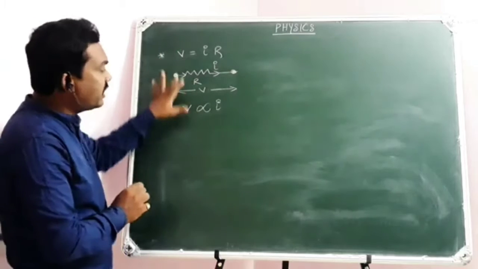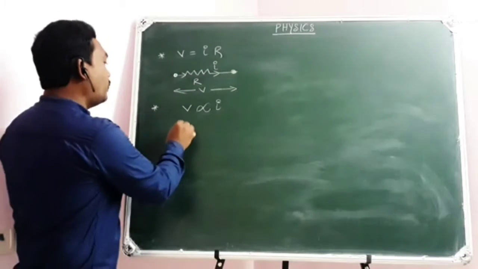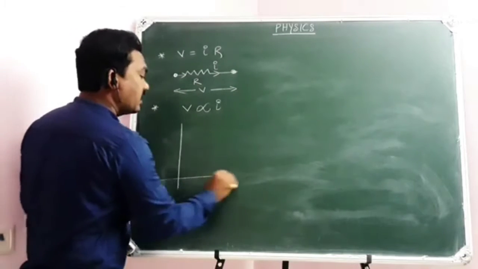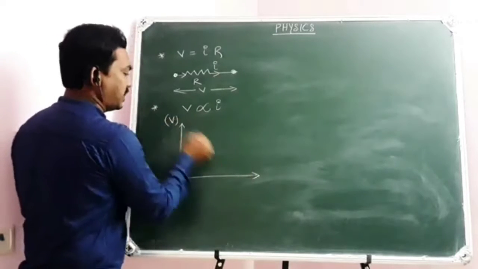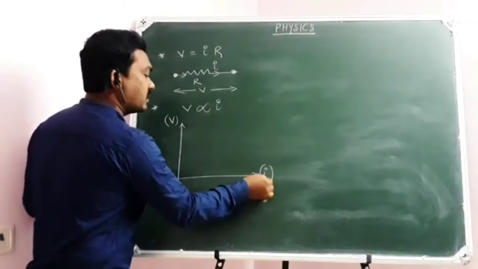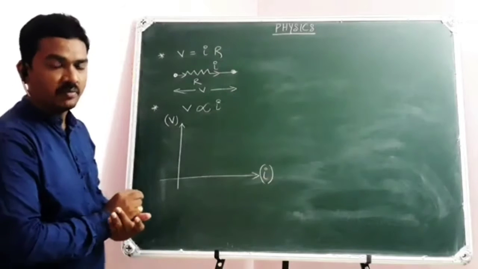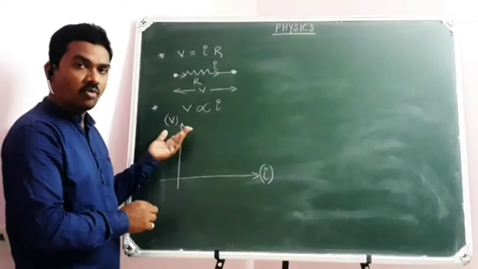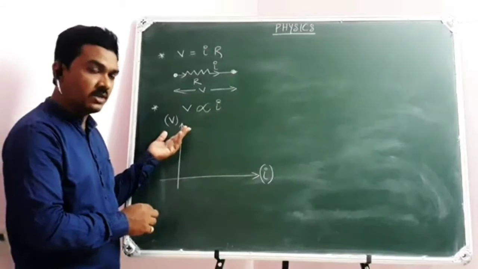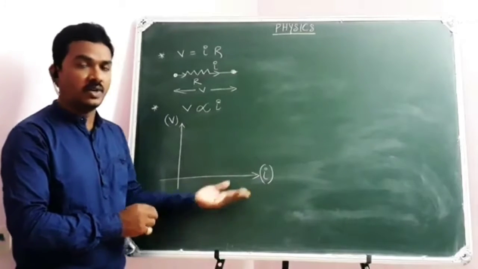So from this mathematical analysis, if you are going to take a graph, potential difference versus current, you know the basic mathematics of coordinate geometry, the coordinate system with the x-axis and y-axis. So on the y-axis I have taken potential difference, on the x-axis I have taken electric current.